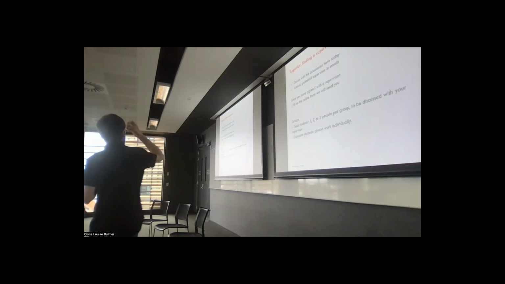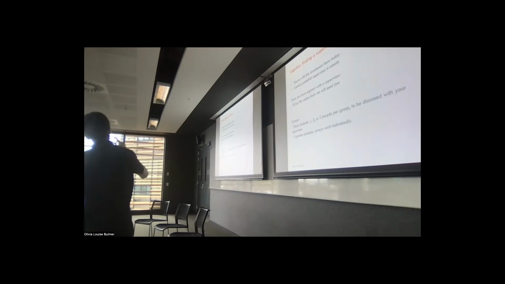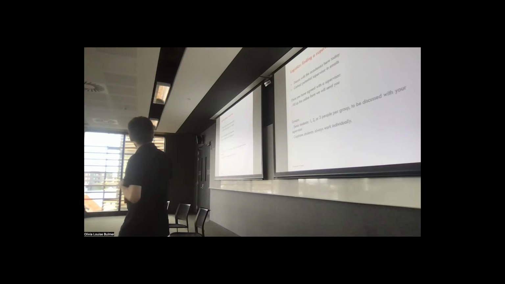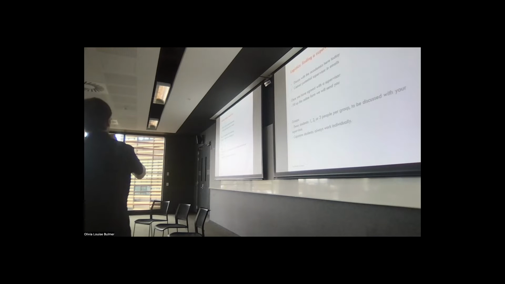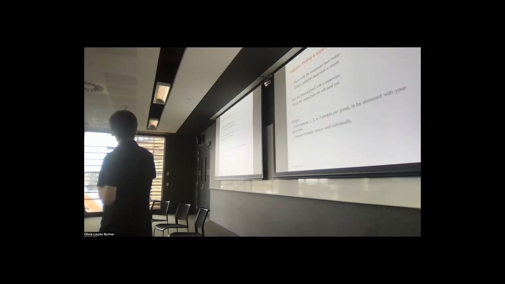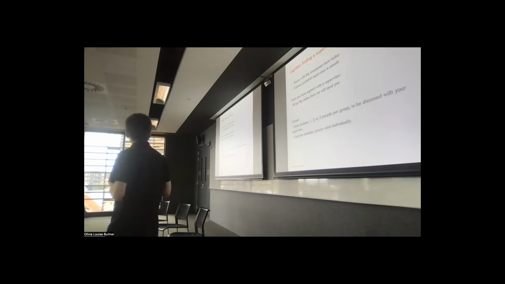In terms of how the work is done, we have a little difference between thesis and capstone students. So as Pierre mentioned, capstone students have to work individually, while thesis students can basically work in a group of up to 3 people, and that is basically discussed with your supervisor.